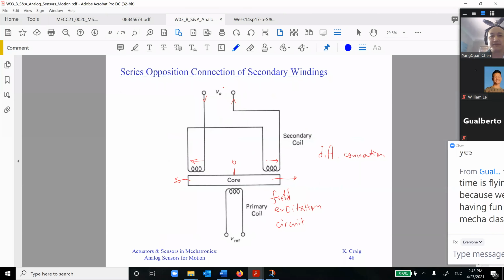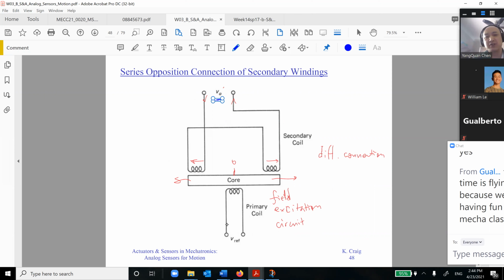This is called a differential connection. If you stay in the middle, then they are generating the same, so the output is 0. Sometimes you also call the primary coil the field excitation circuit.